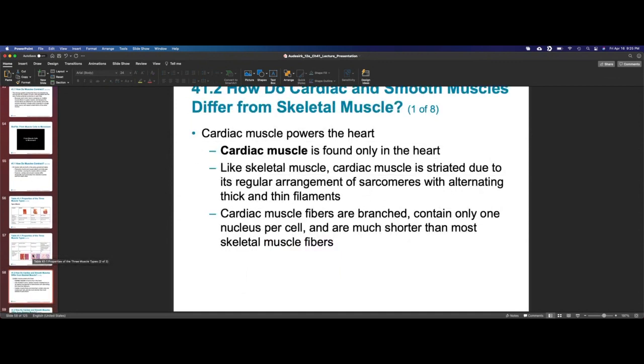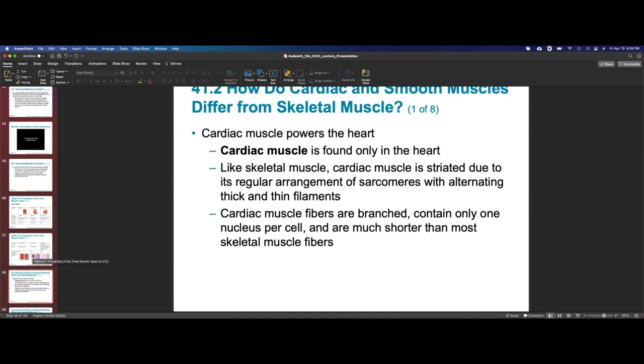Cardiac muscle, or essentially heart muscle, is also striated because it has those regular arrangements of sarcomeres with thick and thin filaments like skeletal muscle cells have.